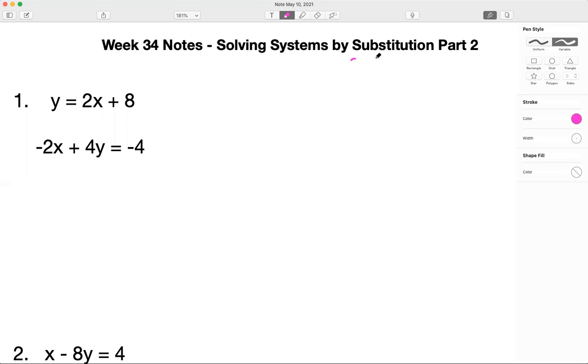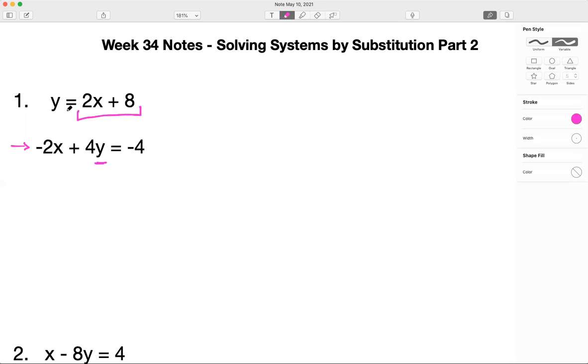Substitution is the method that we're going to use, and what are we going to substitute? Well, since we already have y solved for up in this first equation, I can see a very easy way to take the value that y equals, which is 2x plus 8. At the same time, I see in the second equation that y is right here.